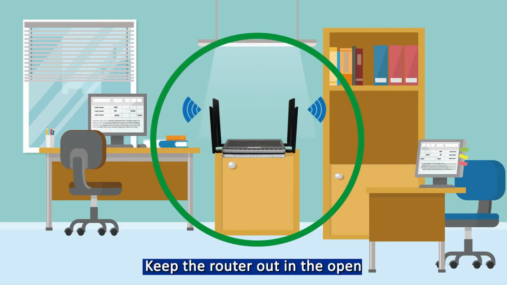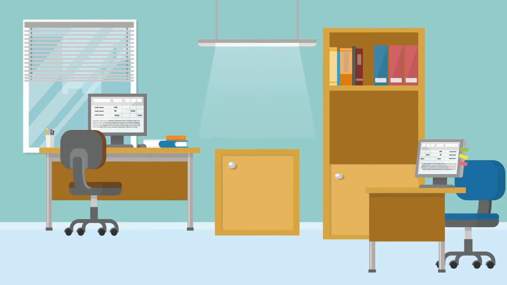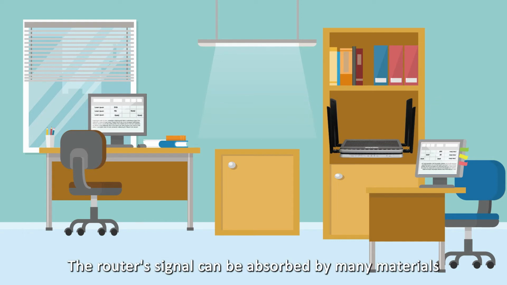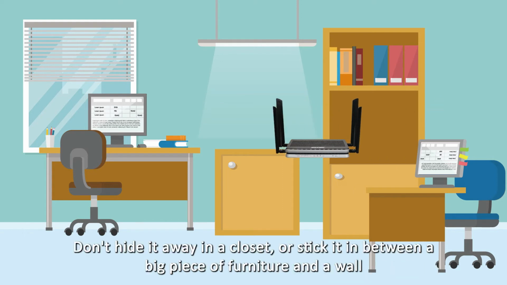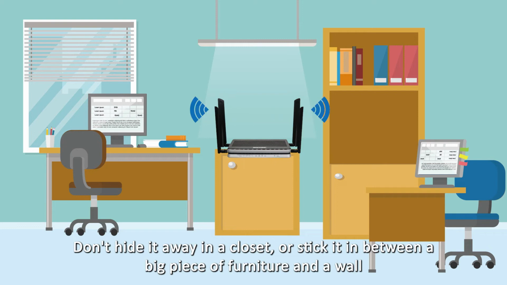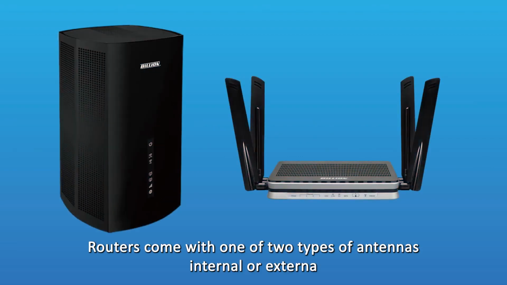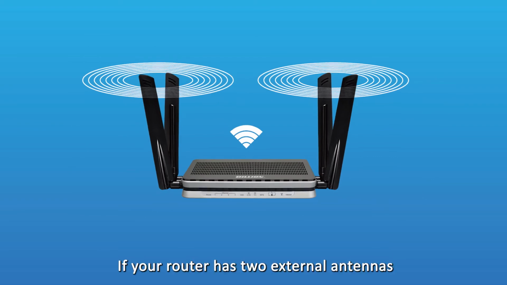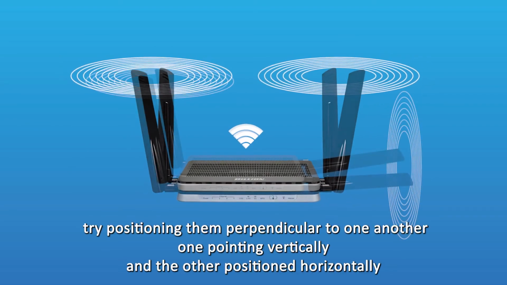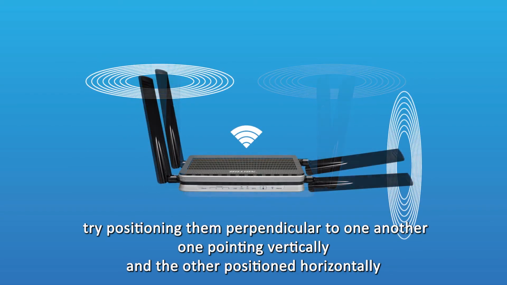Do. Keep the router out in the open. The router's signal can be absorbed by many materials. Don't hide it away in a closet or stick it in between a big piece of furniture and a wall. Reposition the antennas. Routers come with one of two types of antennas, internal or external. If your router has two external antennas, try positioning them perpendicular to one another, one pointing vertically and the other positioned horizontally.